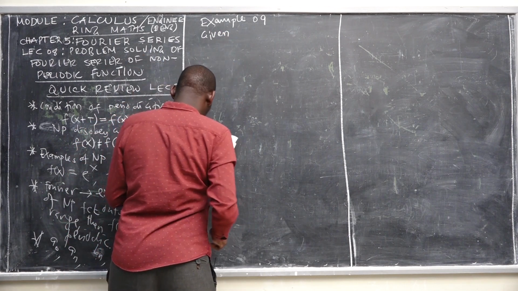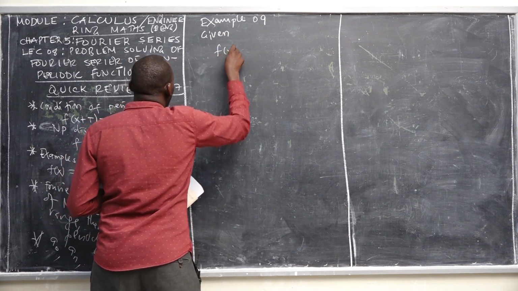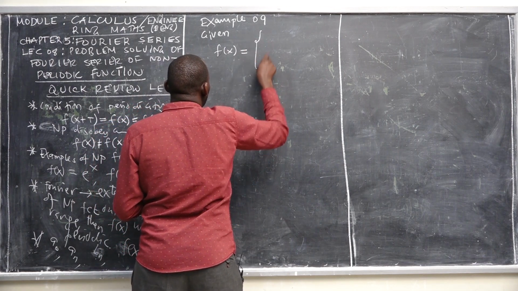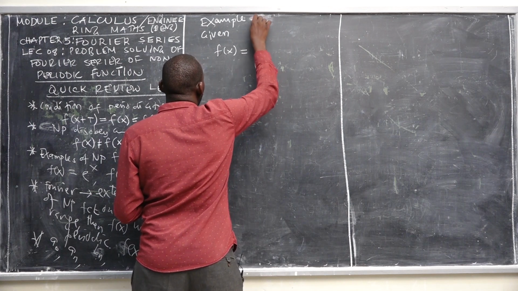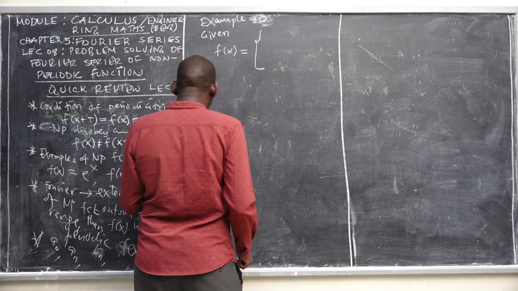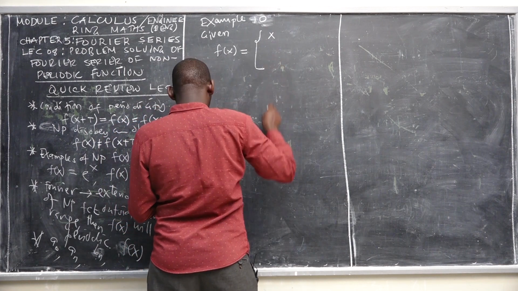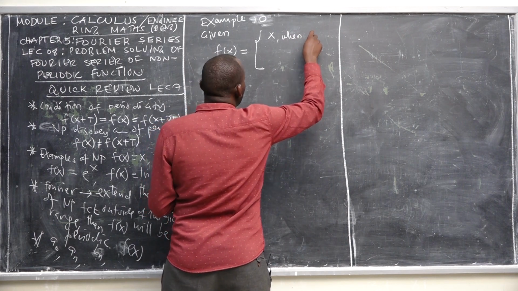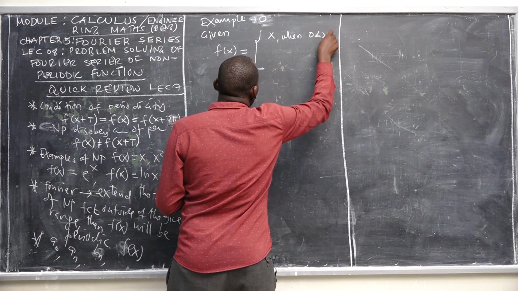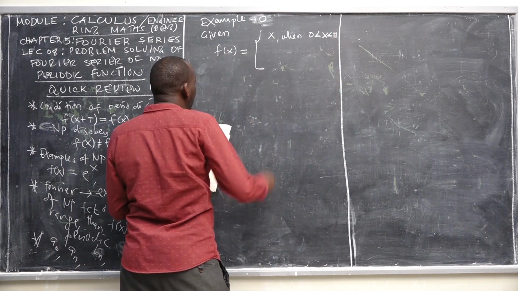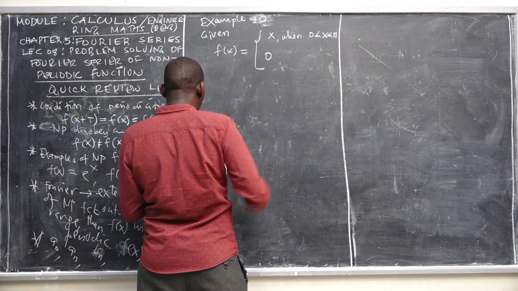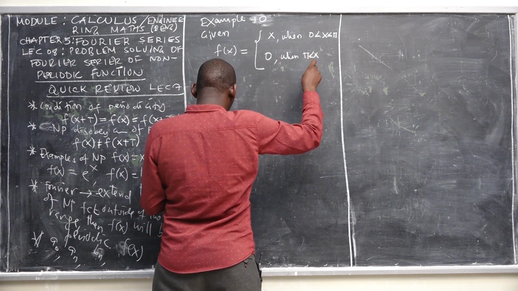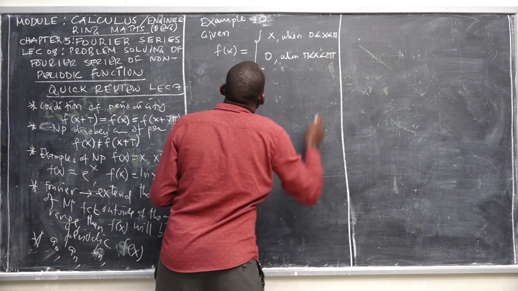So given that f of x is a composite function. Example 10. I remember one of the examples was drawing the graph. So given f of x is equal to x when 0 is less than x less than pi, and also f of x is equal to 0 when pi is less than x less than 2 pi.